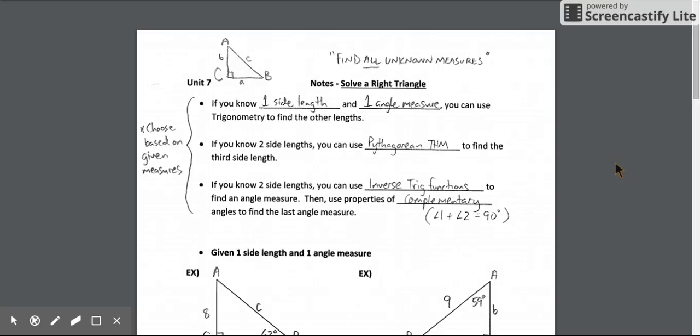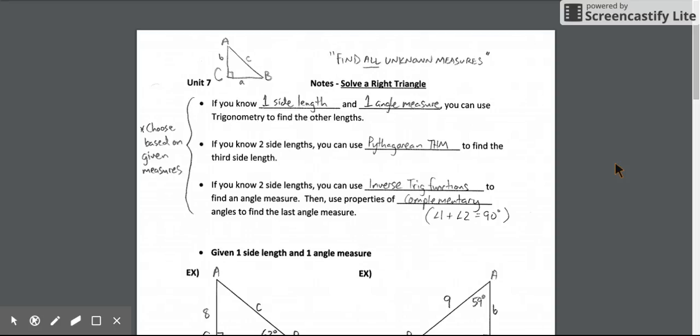If you know one side length and one angle measure, you can use trig ratios to find the other side lengths. If you know at least two side lengths, you can always use the Pythagorean theorem to find that third side length. And you can also use inverse trig functions to find angle measures, but you got to know at least two side lengths to do either of those things.